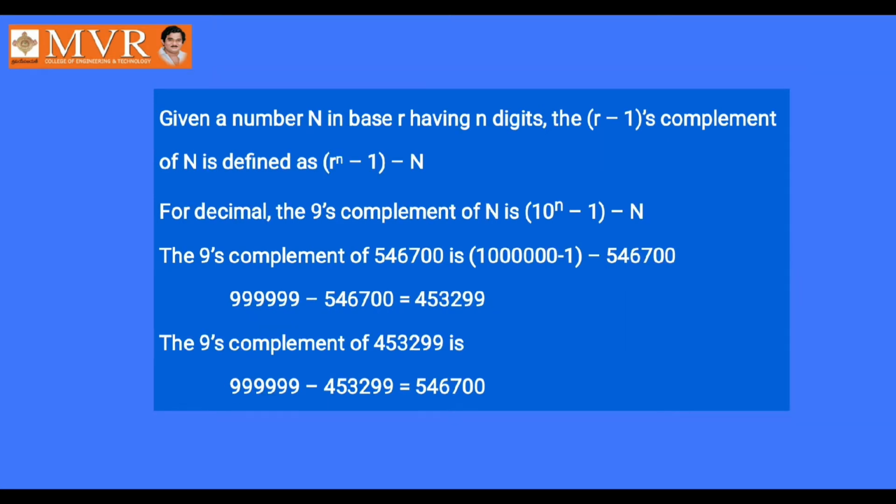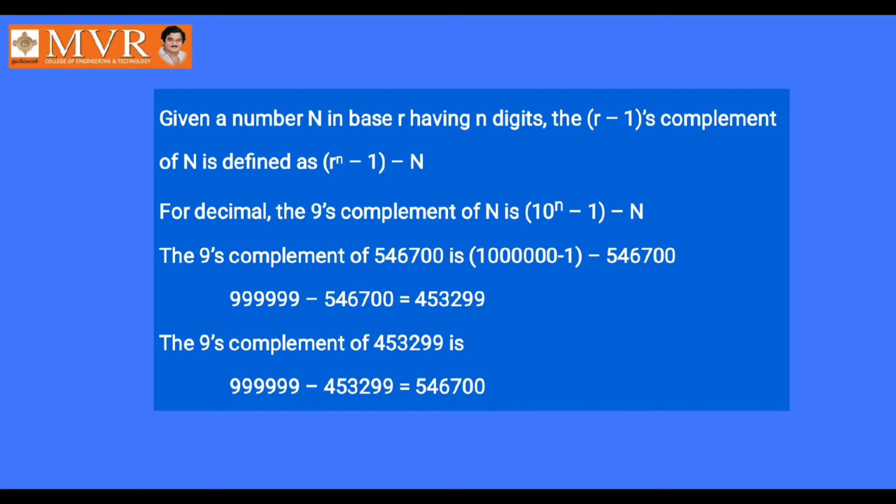Now there is one more procedure for calculating the r minus 1's complement. Previously we discussed the easiest way, subtracting each digit from r minus 1.